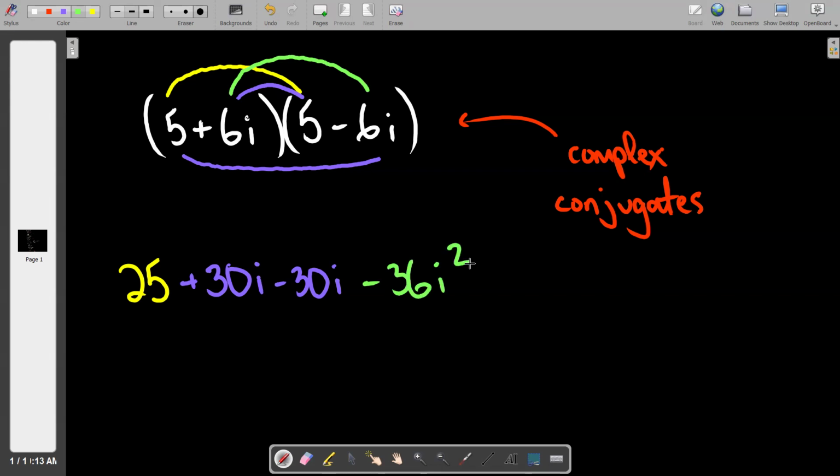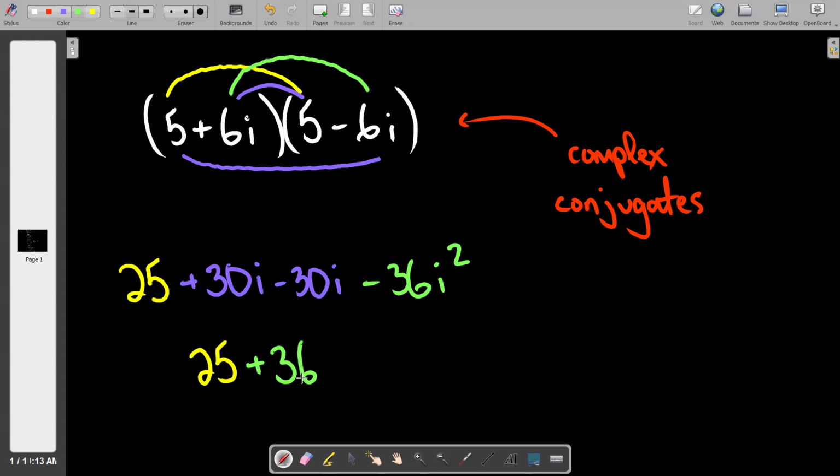Very good. So interestingly, when you start with two complex conjugates and multiply them out, what kind of number are we going to get? We're going to get a real number, which is pretty cool. The yellow number survives, 25. And what does the green number actually become? Plus 36.